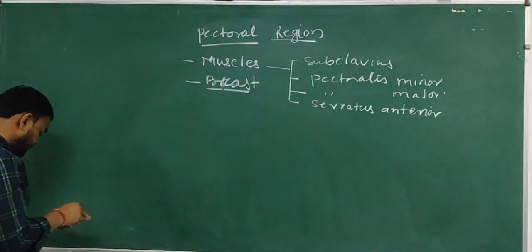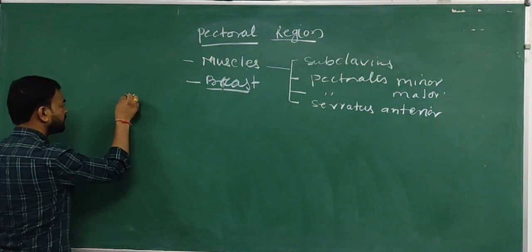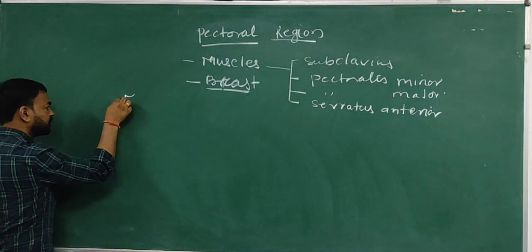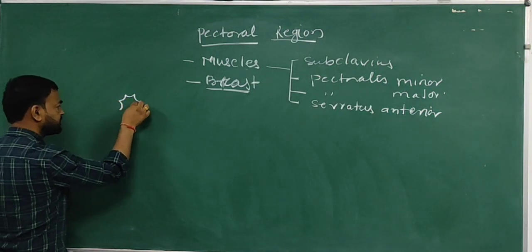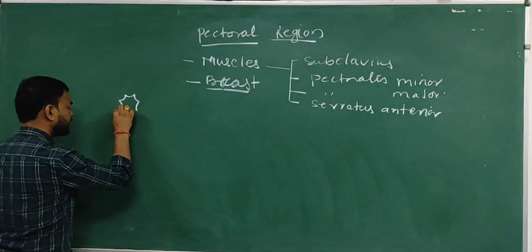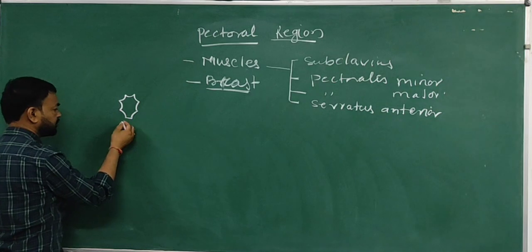पहले देखते हैं डायग्राम में। So this is the manubrium. This is the clavicular facet. This is the facet for the first rib, which articulates with the sternum, that is the manubriosternal joint.